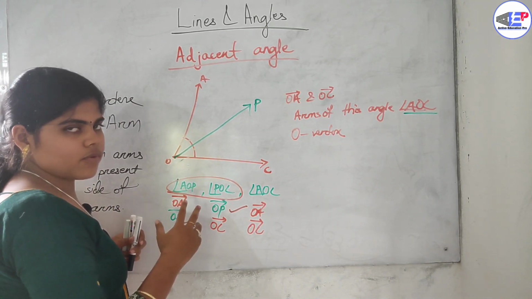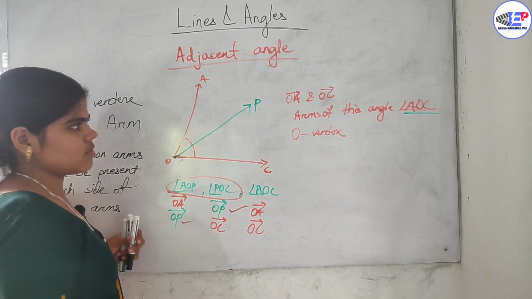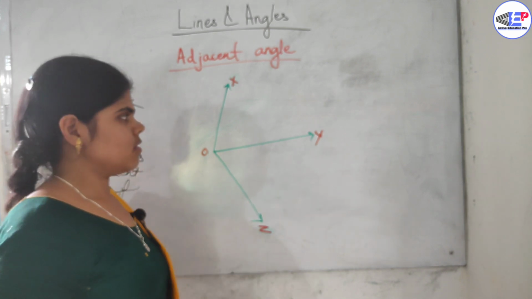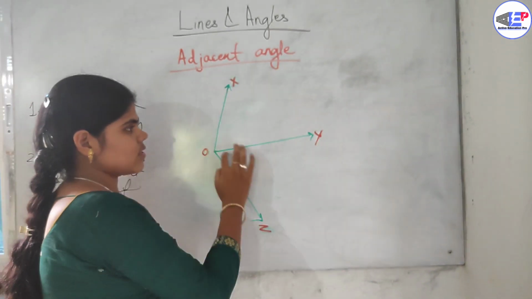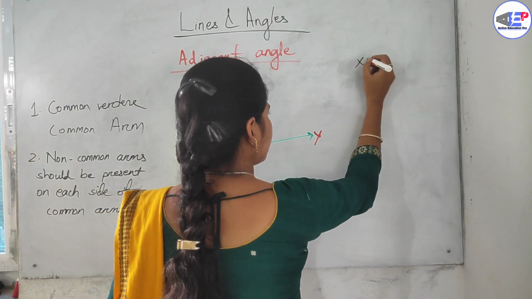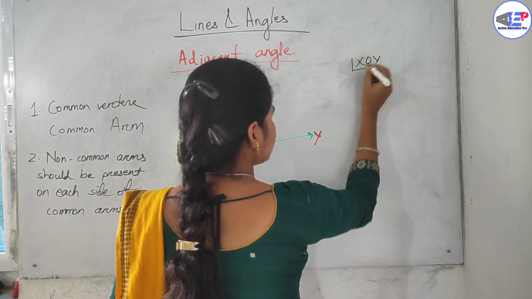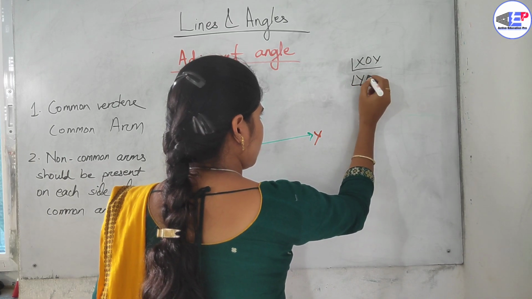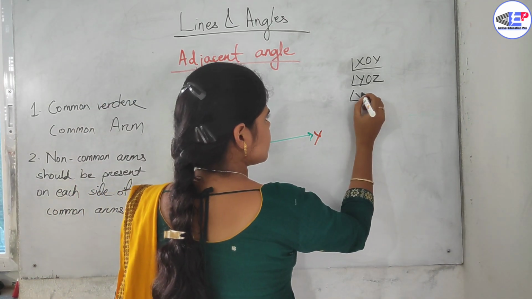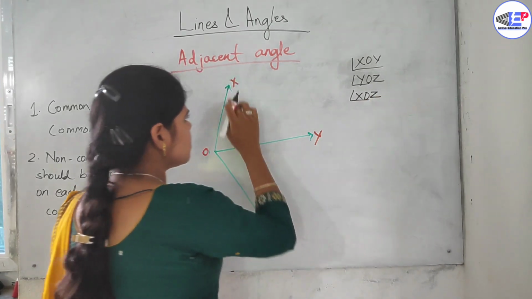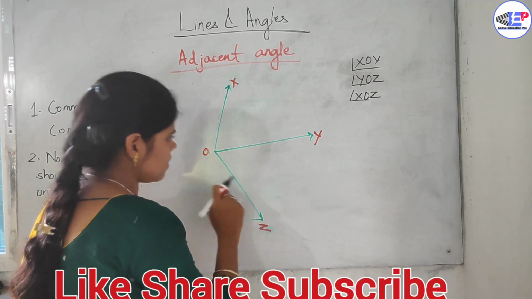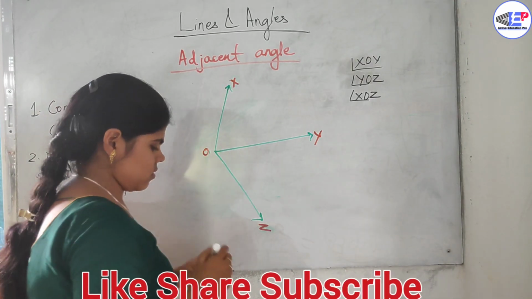So let's take another example of adjacent angles. This is another figure to represent the adjacent angles. Look here, there are three rays, OX, OY and OZ, and the names of the angles are XOY, then YOZ, and the final angle, XOZ.